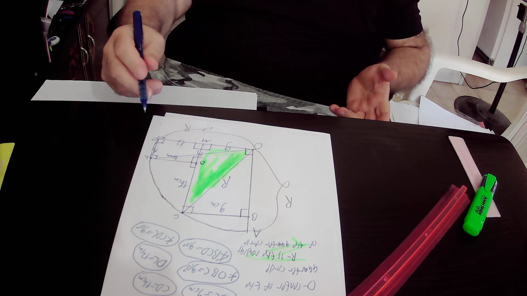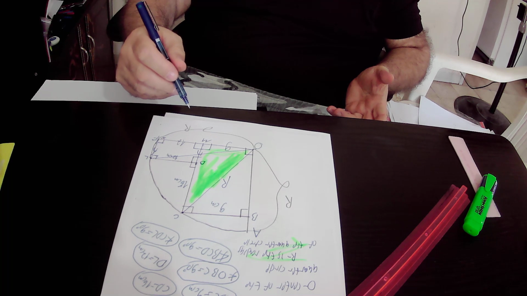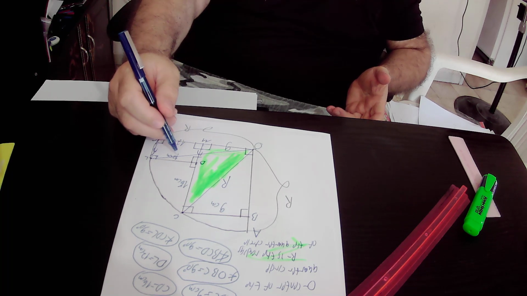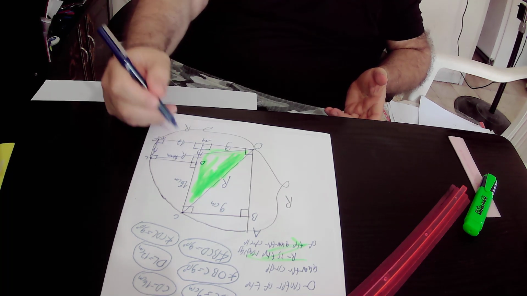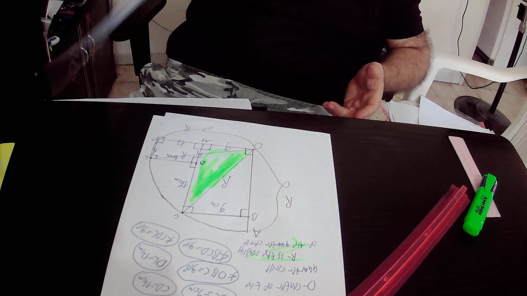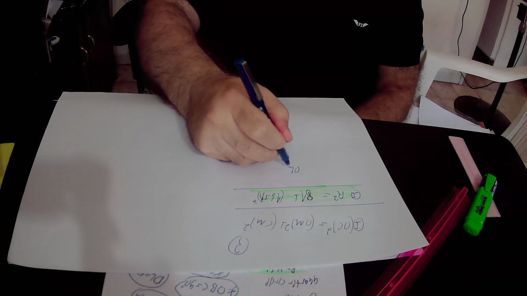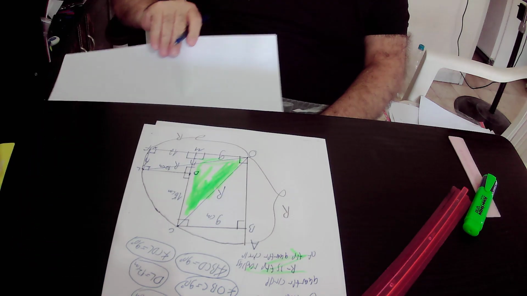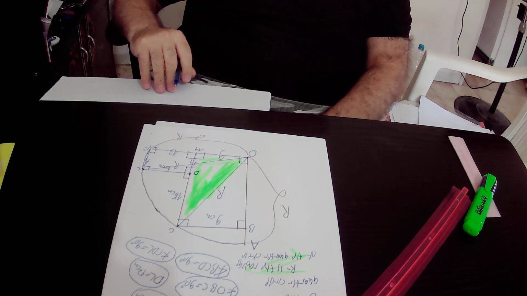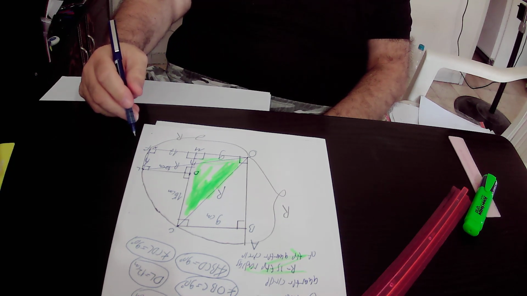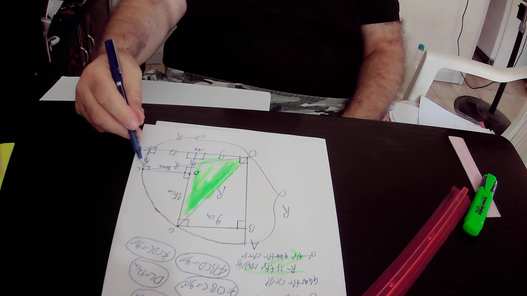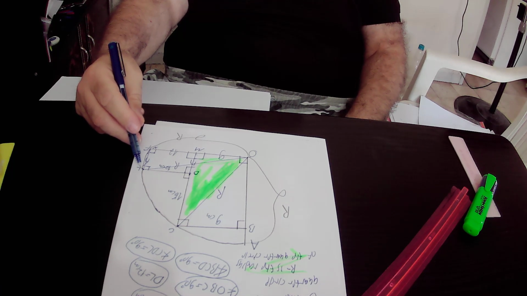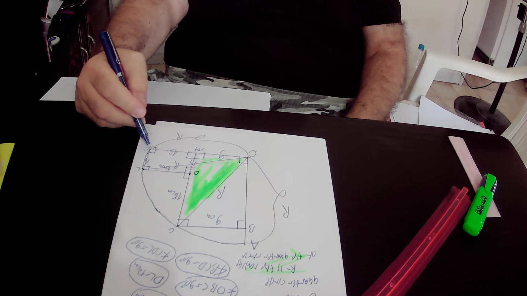So OL is the radius of the quarter circle, equal to capital R. Because of the construction, from point L we drew a perpendicular to OF, the radius, and this angle equals 90 degrees.